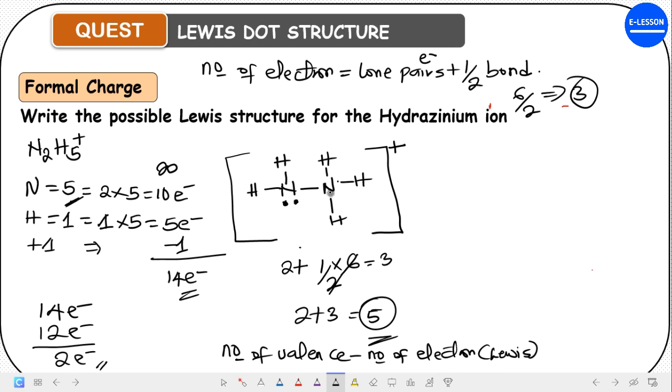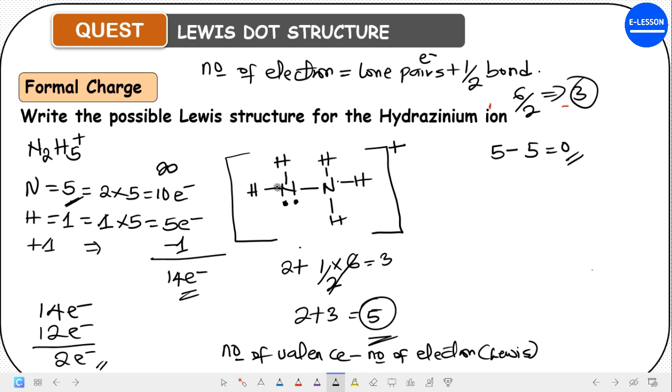Now we already calculated the number of electrons in the Lewis structure as equal to the lone pair electrons plus half of the bond pair electrons in the Lewis structure. Is that okay? So in this case, the number of valence electrons for this first nitrogen is 5. So this becomes 5 minus the number of electrons that we calculated from the Lewis structure, which is also 5. So 5 minus 5 is what? 0.